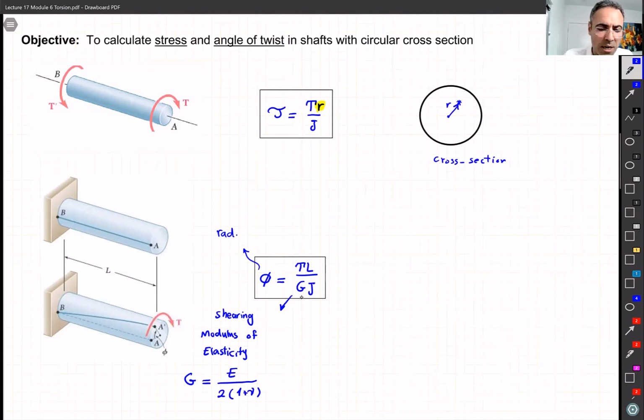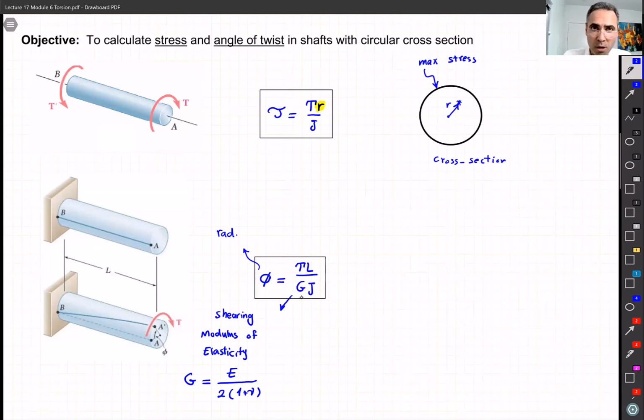But like 100% of the time, we are interested in stress in the outer layer, which is the maximum stress, which you can guess why, right? The bigger this R, the bigger this stress is.